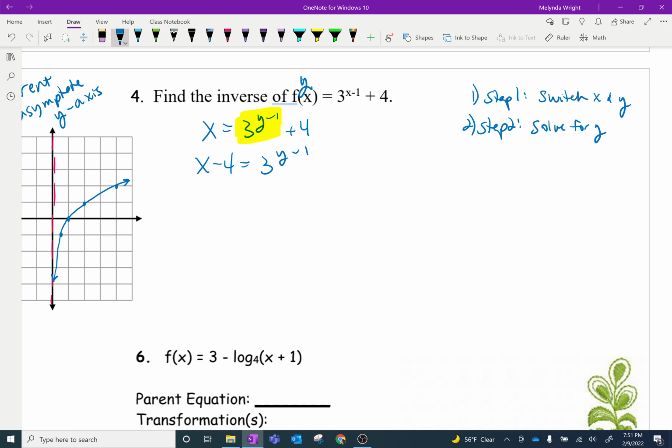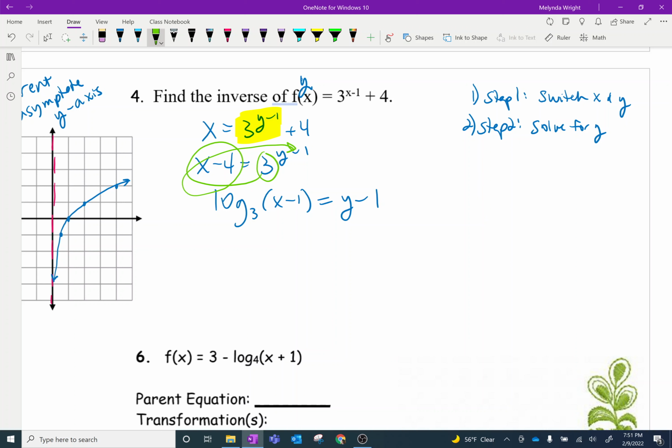So this is a base 3 exponent, so my log that I'm transforming would be base 3, and then we reach over to the other side of the equal sign, and that equals our exponent. You could think of it as a circly thing also if you wanted to. That's the base of the log, and then you pick up this part, and then you end at the y minus 1.